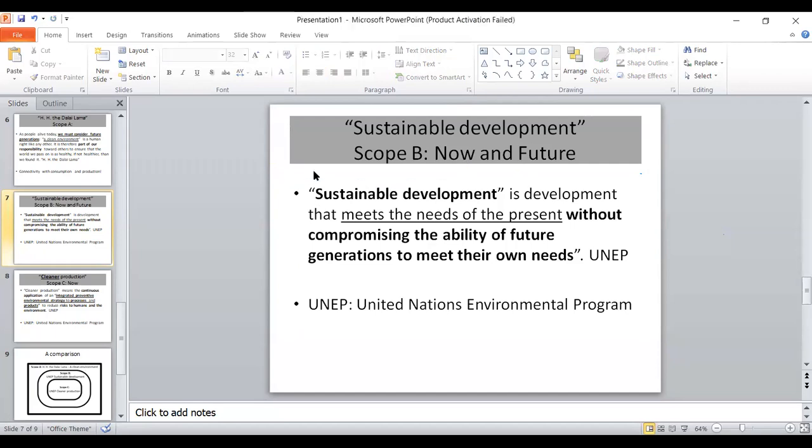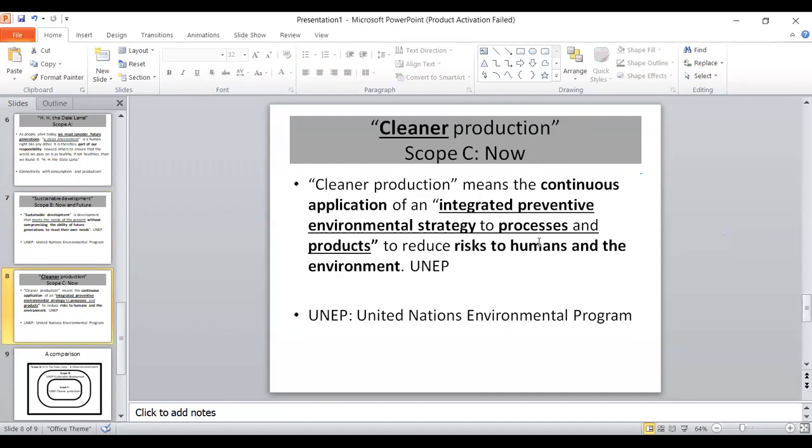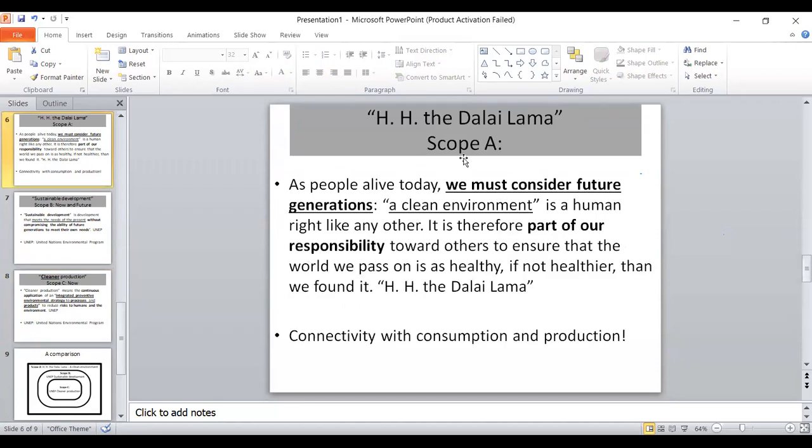This is scope B, and this is about development. And scope C is about production. Production is only a supportive part of development. Okay, so this is His Holiness: a clean environment is a human right.